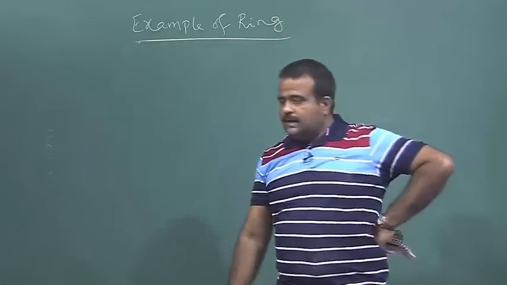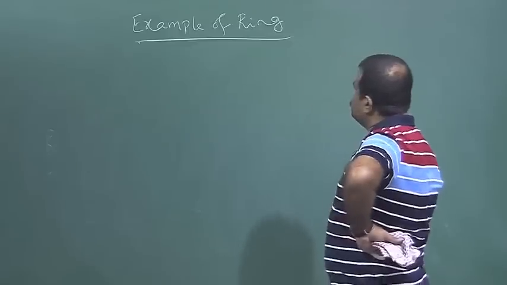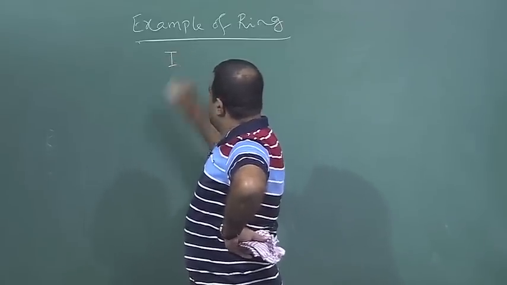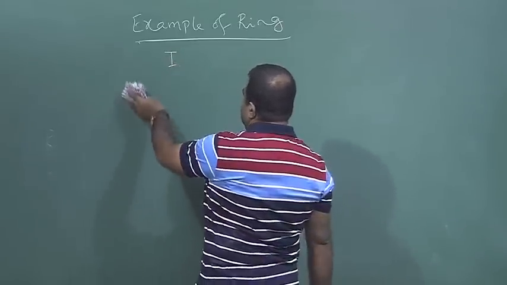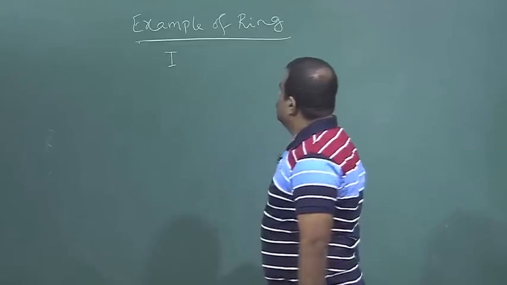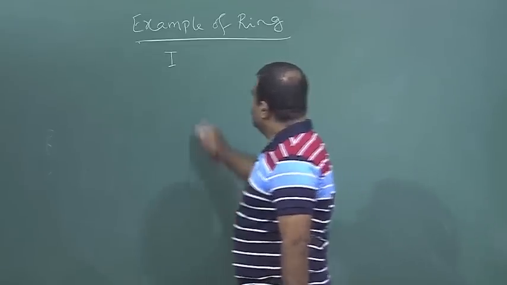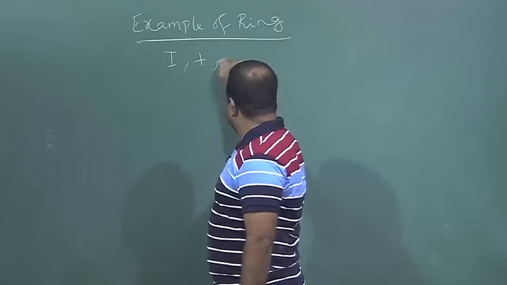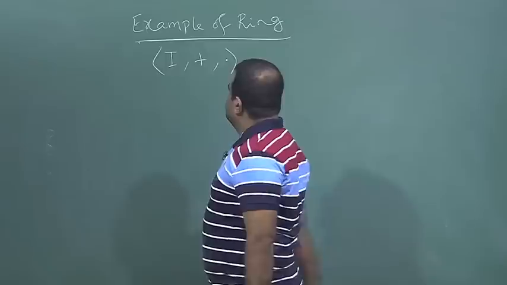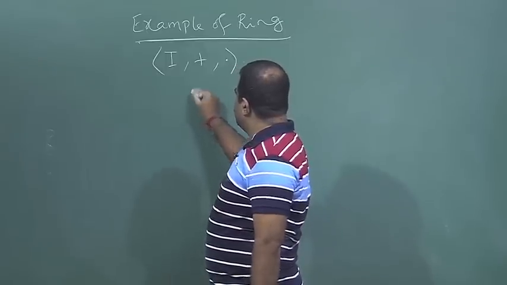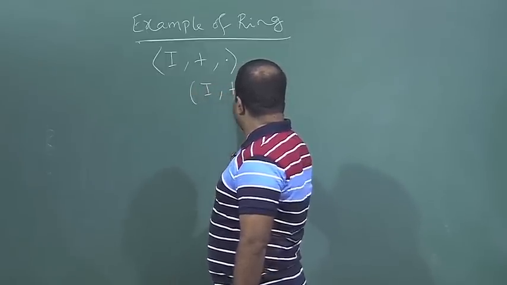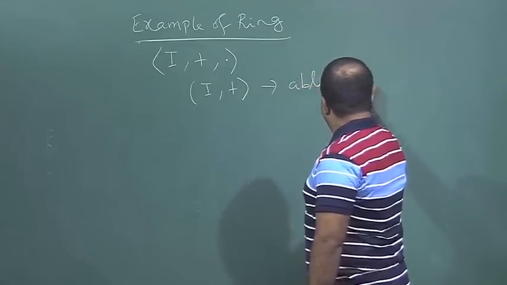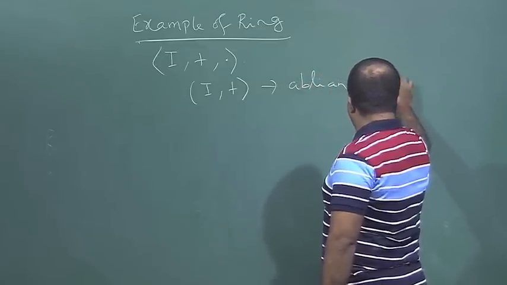If we take this set I, the set of integers, with plus and real number dot, is this a ring? We have to check that I with plus is an abelian group, which we can easily verify.